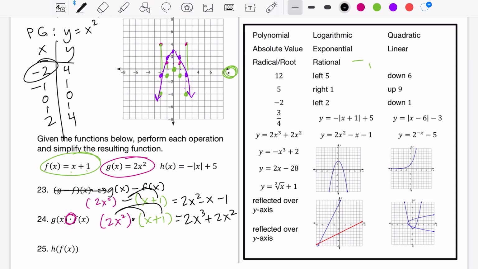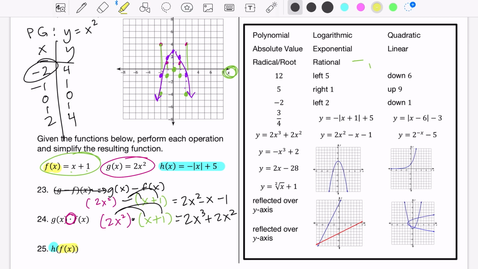For the last one, we're going to use h of f of x. So h of x is right here. It is this guy right here. So that comes from here. And what they're saying is that we want you to input into the x part of h of x the f of x function. And f of x on the left side is just f of x.